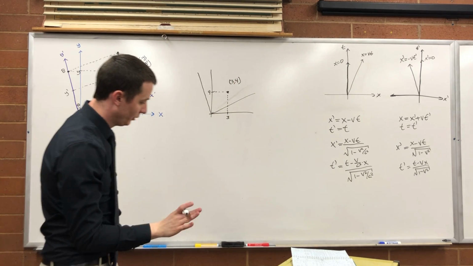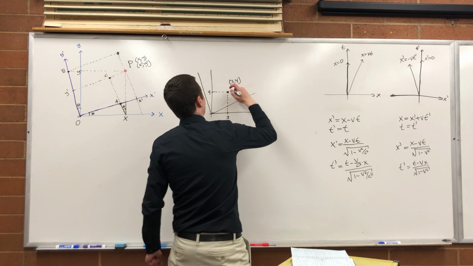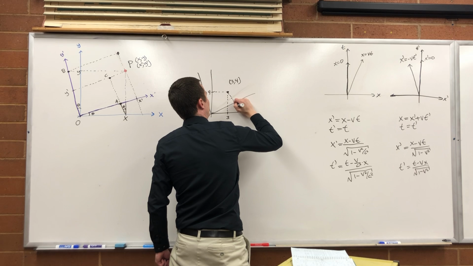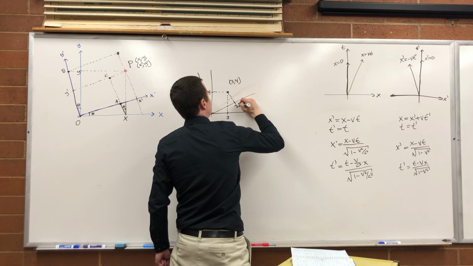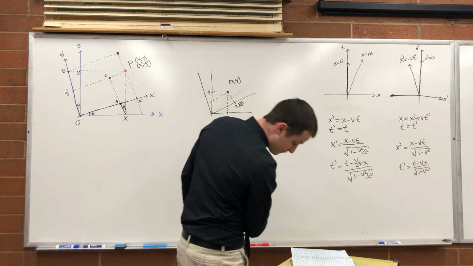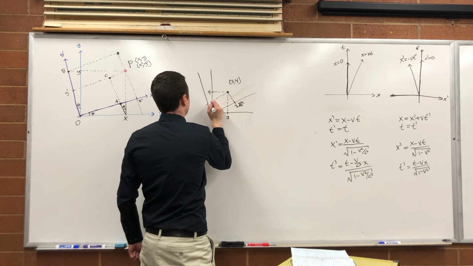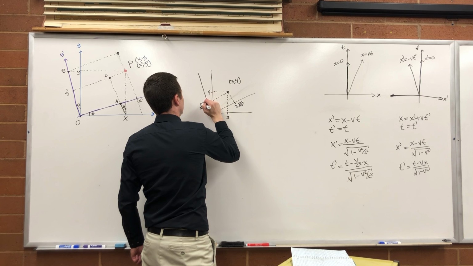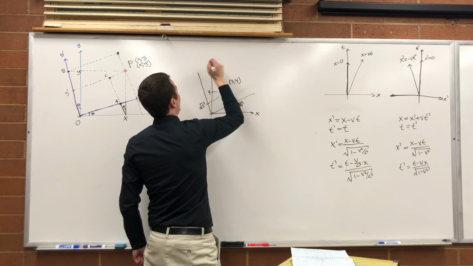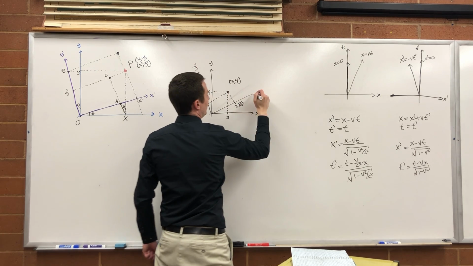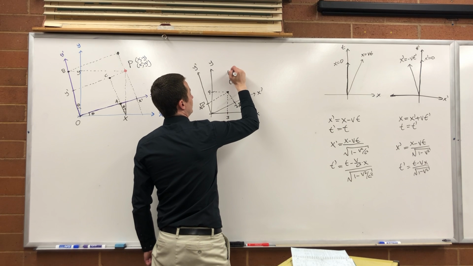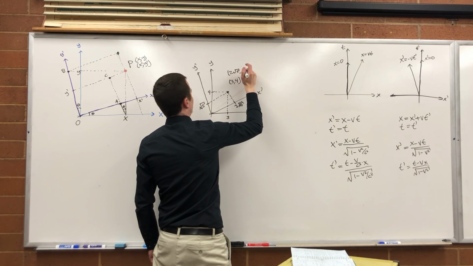Now I say, no, no, no. I say it's 2 square root of 5 this way and square root of 5 this way. So I assign this point the coordinates 2 square root of 5 and square root of 5.